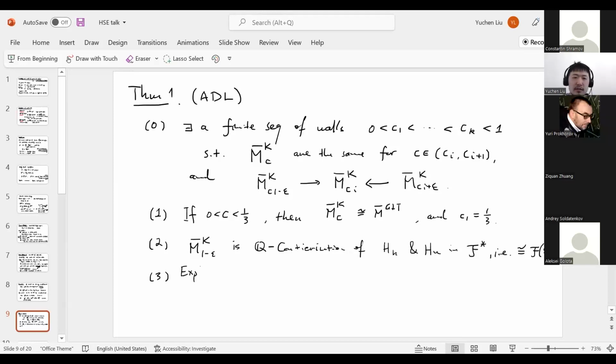All right, and then 3 is we can describe every wall crossing explicitly. There are 2 divisorial contractions. Actually, it's probably a reverse divisorial contraction, because as you see, we start from small coefficient and you get a smaller moduli space.